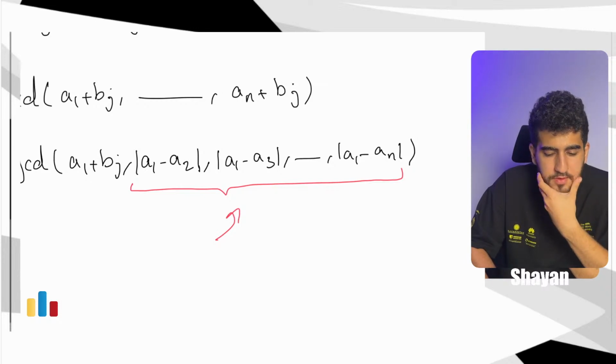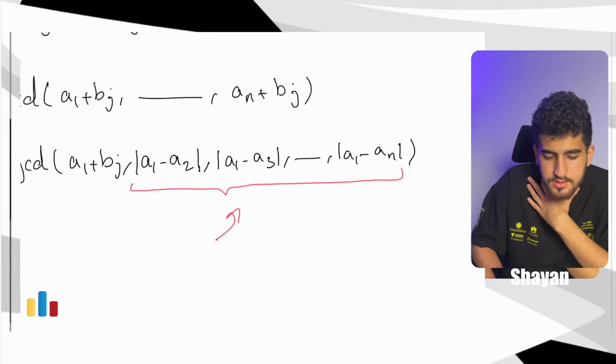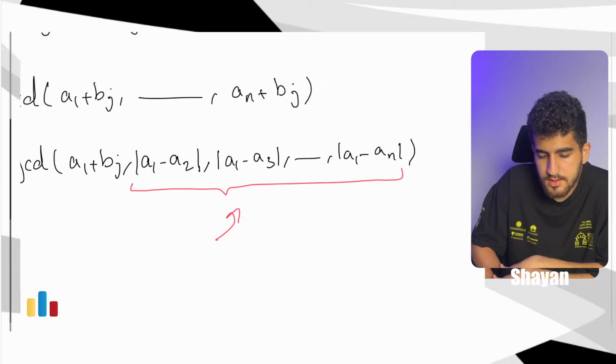The difference between 1 and 121 is 120. The difference between 1 and 169 is going to be 168. You can see what the GCD of these numbers is. GCD of these numbers in this example is 24.